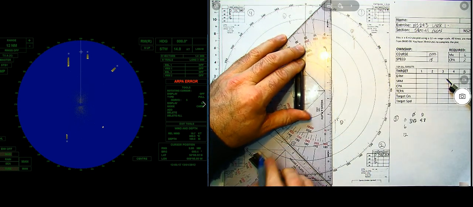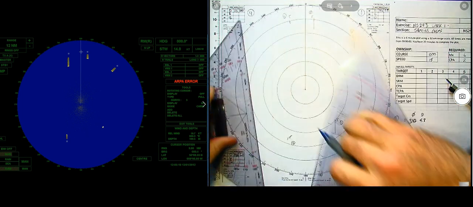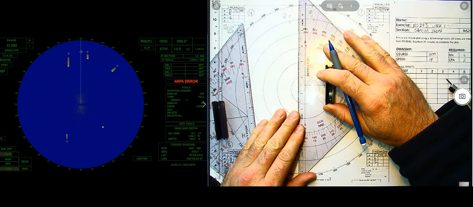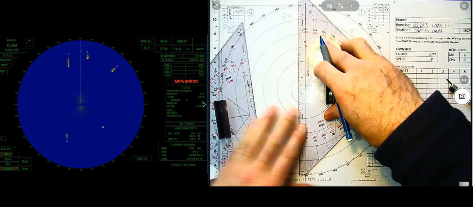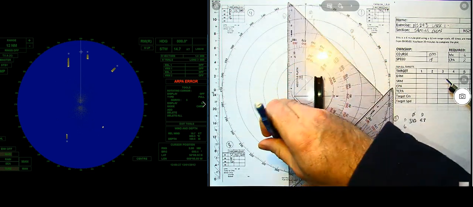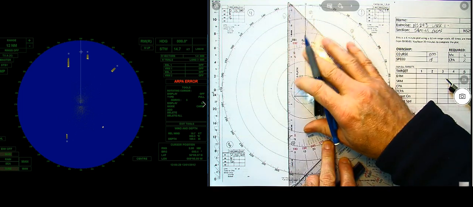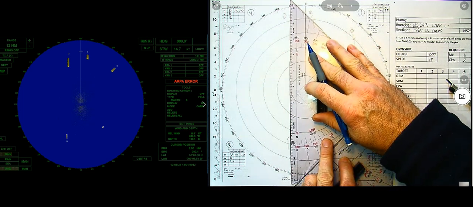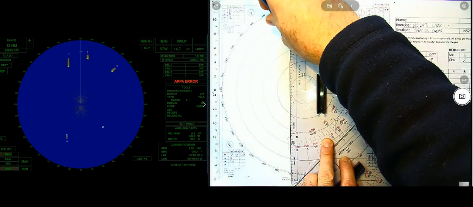And this is the beginning of my ERM triangle. Okay, and let's see here. All right, let me bring this over here. I'm headed to the north, so I'm going to go like that, and target 5 is there. So I go like that.